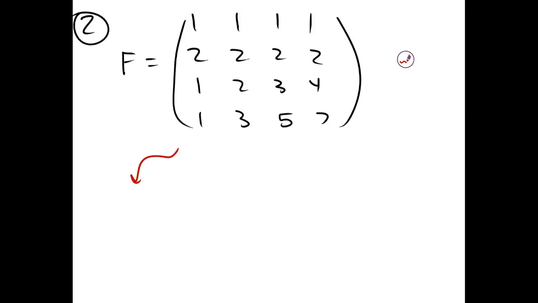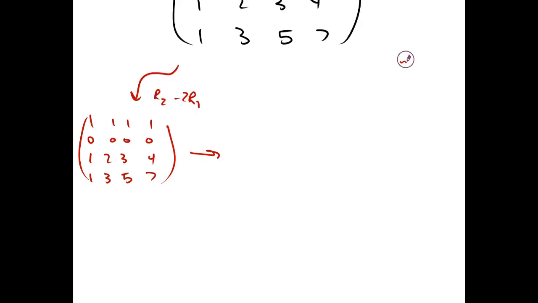So we can take R2, subtract 2 of R1 from it. So that row becomes 0. Then we can take R3 and subtract R1 from it. We get 0, 1, 2, 3.